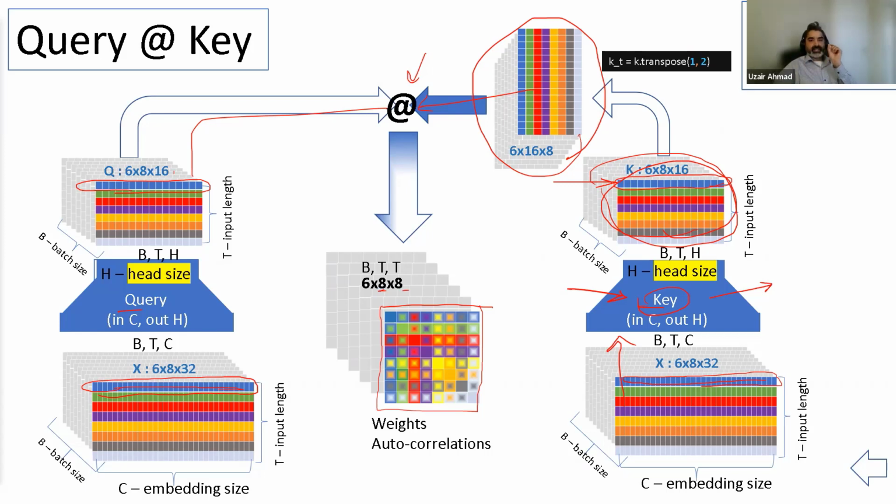Every word's correlation with every other word in the sentence will be encoded in this autocorrelation matrix. So this blue word is autocorrelated with this blue information. Green is autocorrelated with this green. Red, how much is it related to this red? They will be encoded in this matrix.